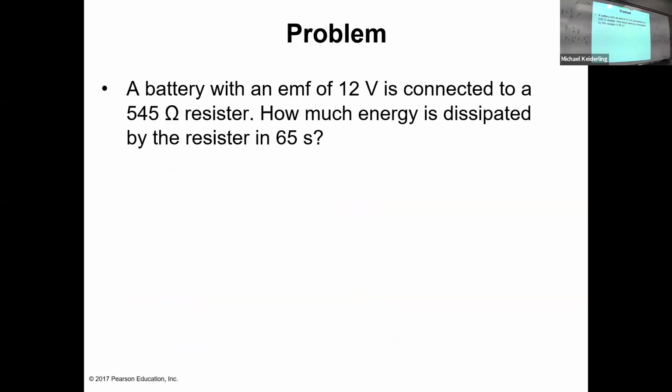So a battery with an EMF of 12 volts is connected to a 545 ohm resistor. How much energy is dissipated by that resistor in 65 seconds?